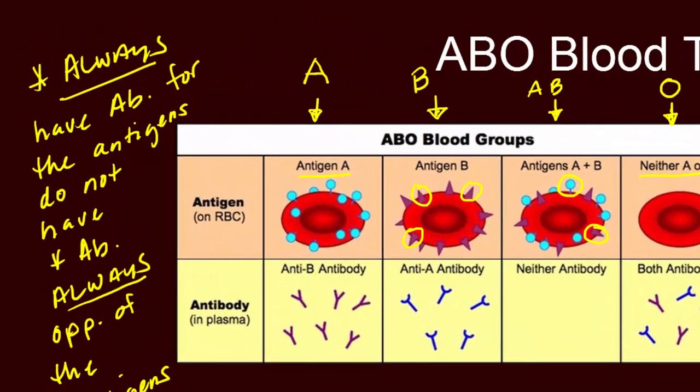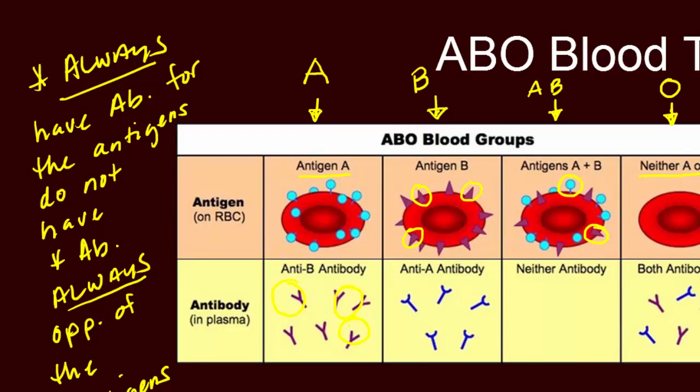So these people floating around in their plasma have B antibodies, and you can see here the B antibodies are these purple colored Y-shaped proteins, and they are going to reject any type of blood that has B antigens on them. So the antibodies are always going to attack surface antigens of their own type.